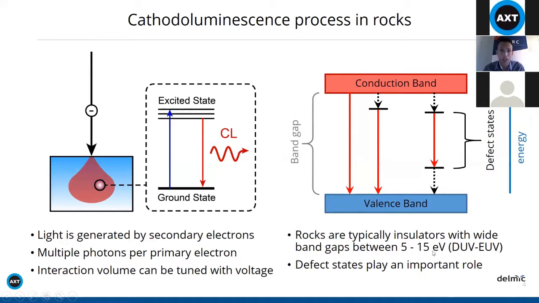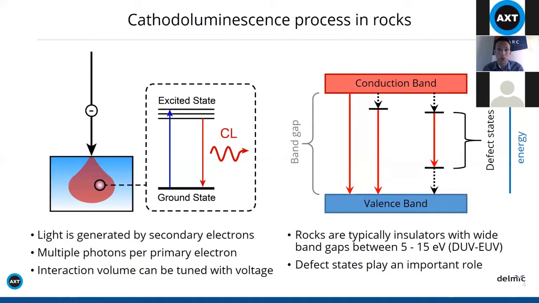To put that in perspective, that means that if the excited electrons decay directly from the conduction band, they emit light in the deep UV or the extreme ultraviolet. And that's something that is difficult or not really possible to observe with a CL detector.